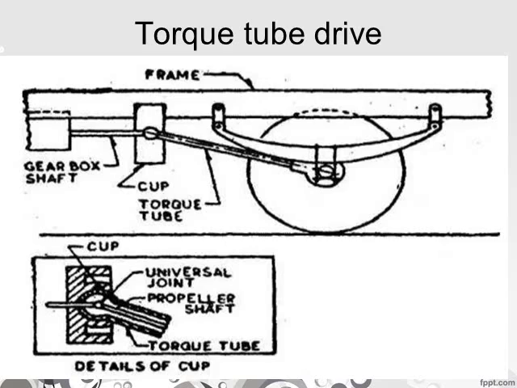One or two universal joints are used to permit variation in the angle of drive. The engine and transmission are rigidly attached to the frame of the vehicle, while the rear axle housing with wheels and differential is attached to the frame by springs.